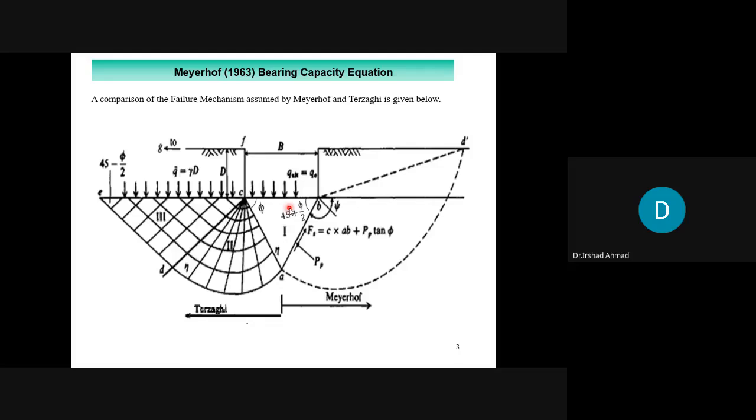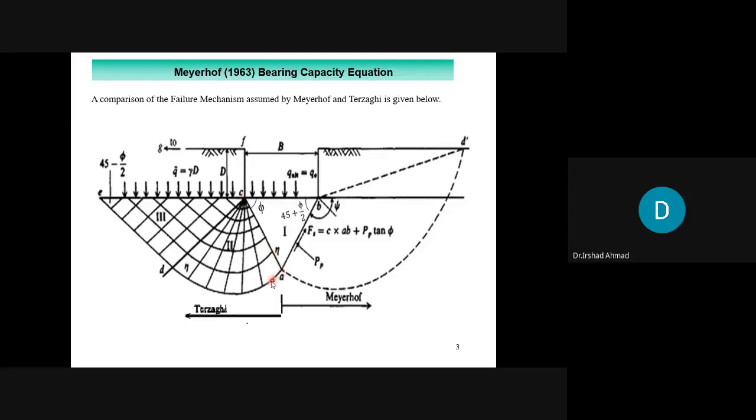In this diagram, on the right side, the Meyerhof failure mechanism is shown. This is the failure mechanism assumed by Meyerhof. On the left side, it is the same old Terzaghi bearing capacity failure mechanism. In the Terzaghi failure mechanism, we assumed a wedge. You see this wedge.